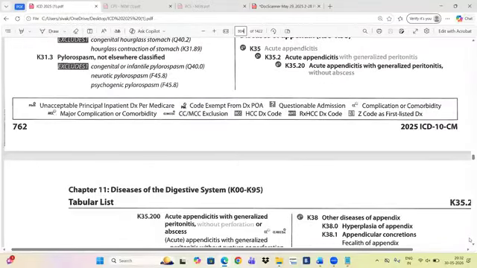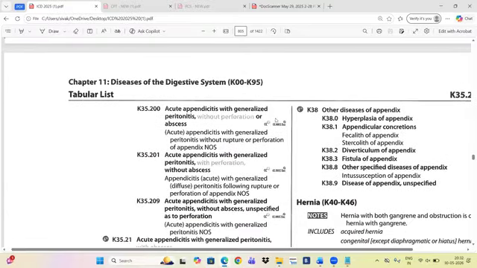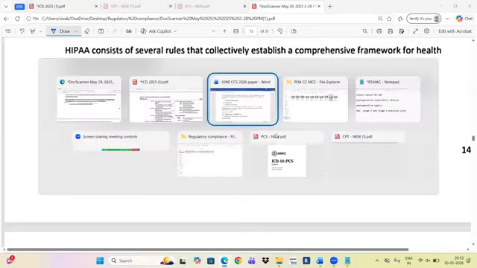It's a CC. Appendicitis with peritonitis without perforation or abscess, CC. Clear? Yeah. Thank you.